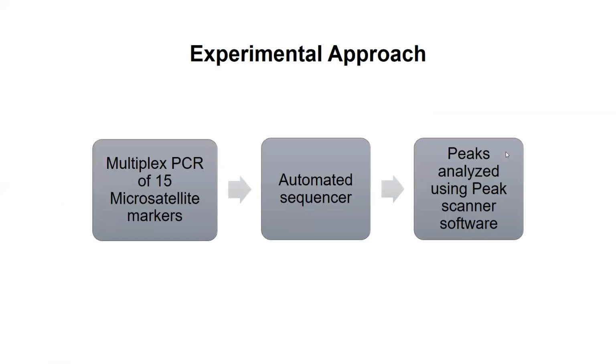So how do you collect the data? First you use multilocus PCR of 15 microsatellite markers, and then you put the PCR products into an automated sequencer and detect the fragments.